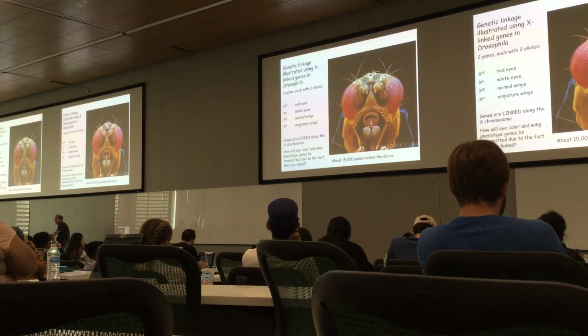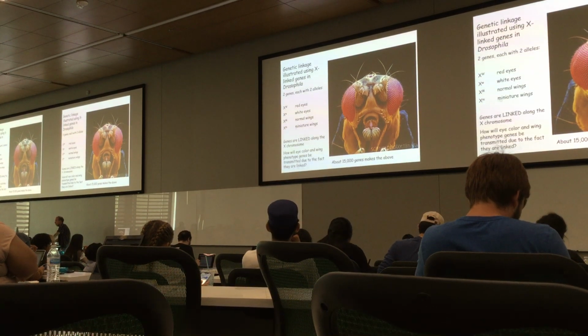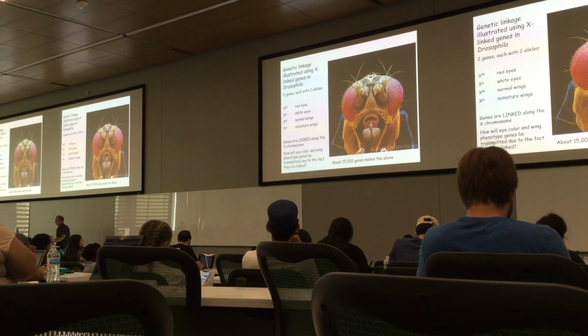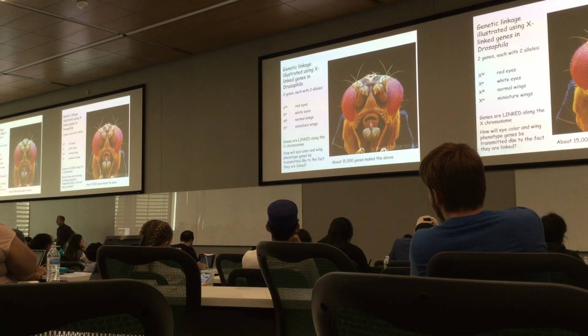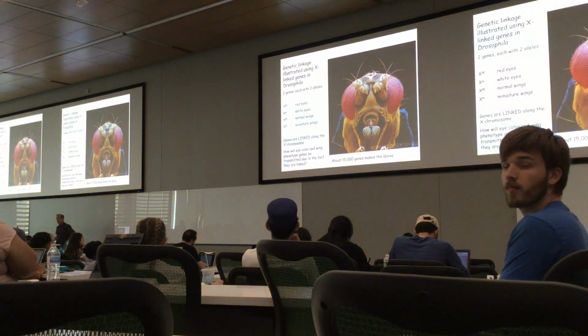There's another linked gene on the X chromosome in Drosophila that we can look at at the same time, which is big M for normal wings and small m, miniature, for miniature wings. The genes are linked on the X chromosome, and that's the puzzle we're dealing with in today's lecture. The question is, how will eye color and wing phenotype genes be transmitted given that they're linked along the same piece of DNA?